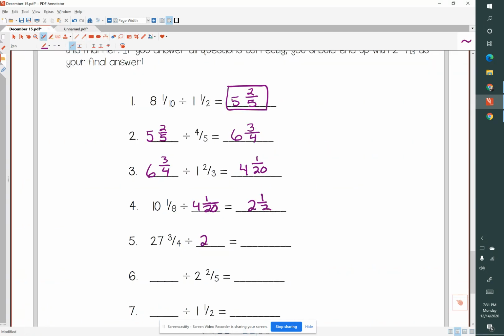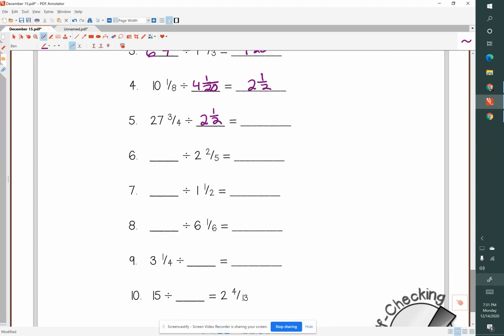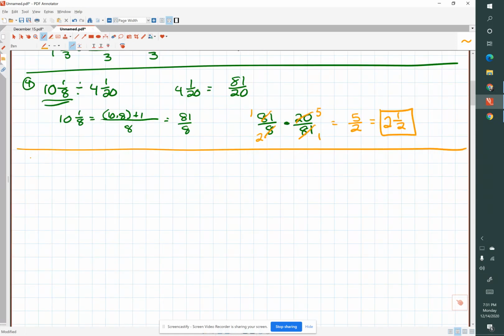And we put that in the next problem. And we'll work that on the next page. 27 3/4. This is problem number 5.